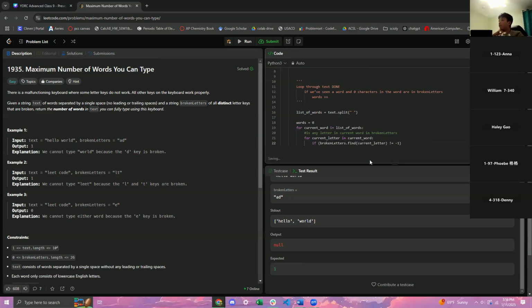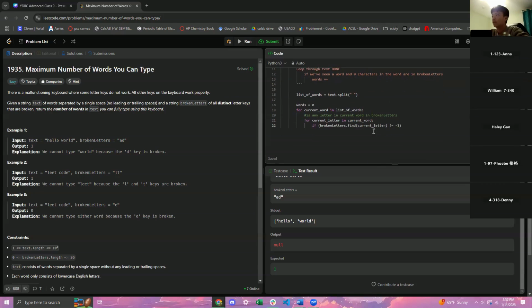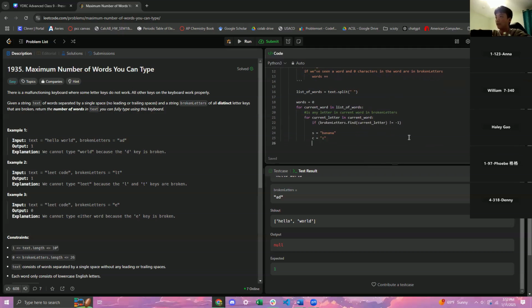So remember, let me give an example. We learned this in module 1. If our word was banana, say s equals banana, and c equals the letter z. If I did s dot find c, I'm trying to find if the letter z is in banana.